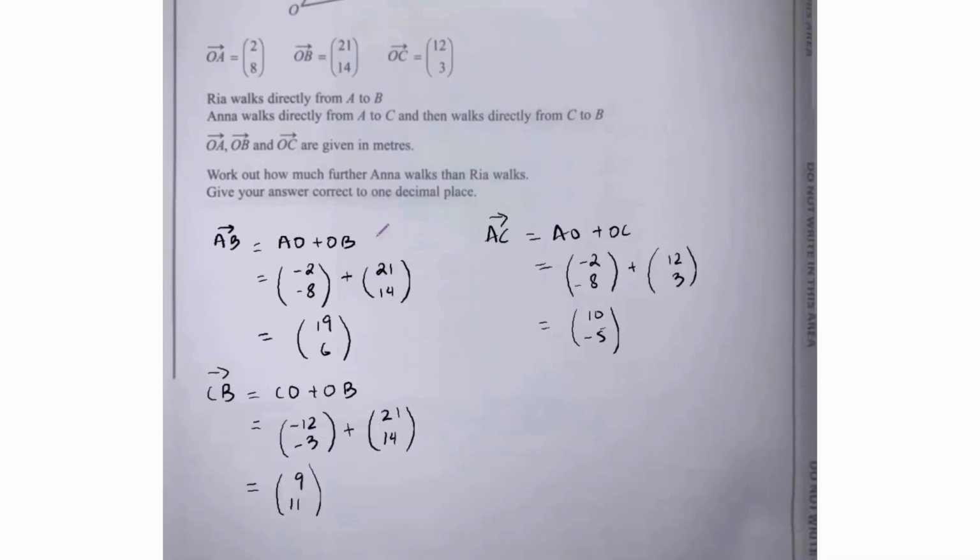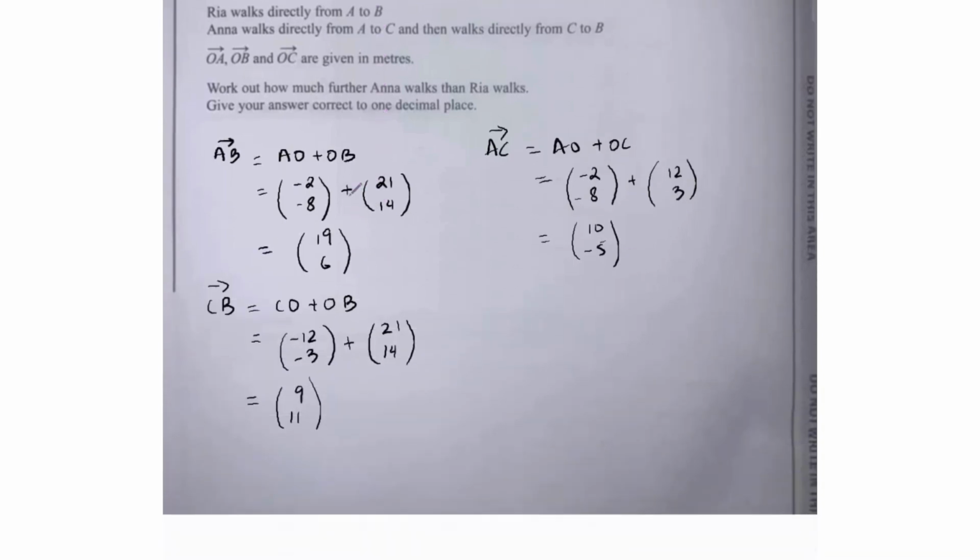Now that we found the vectors for AB, AC, and CB, now we're going to find the magnitude of the vectors. So AB is going to be the root of 19 squared plus 6 squared. That's going to give us 19.92 meters because it's saying that they're given in meters.